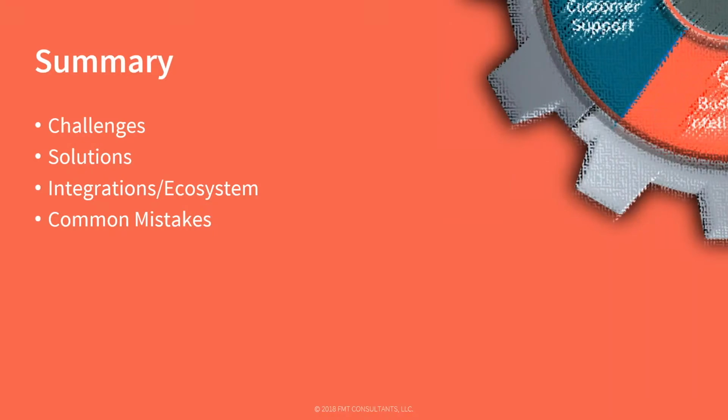Okay, so today we talked about several things, right? We talked about the challenges that manufacturing business models face, the solutions that NetSuite has within it to address those challenges, the ecosystem and the third-party capabilities.